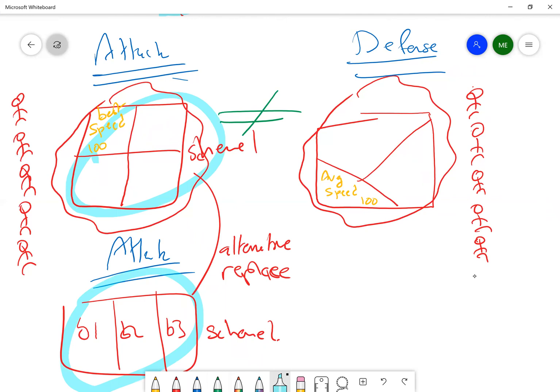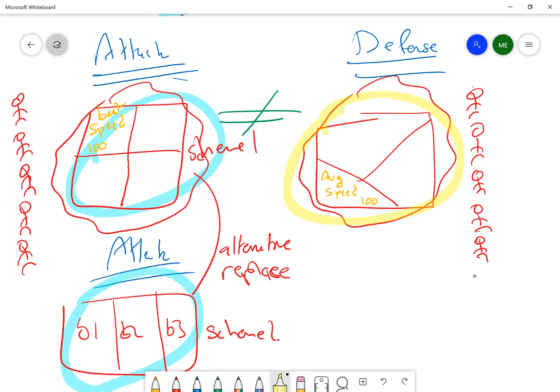That's fine. But obviously, when I have different characteristics, the different partition schemes are not alternatives to each other. Each one of those characteristics has to have a partition scheme. Okay, it has to have a partition scheme. So I decided, well, this is the partition scheme that I have for defense.